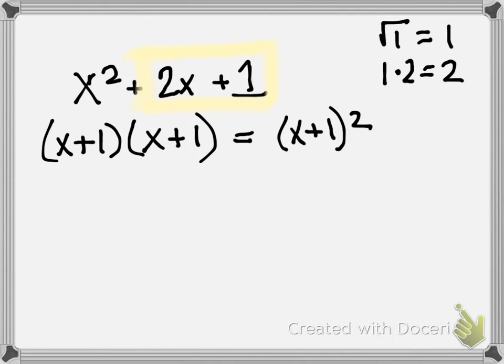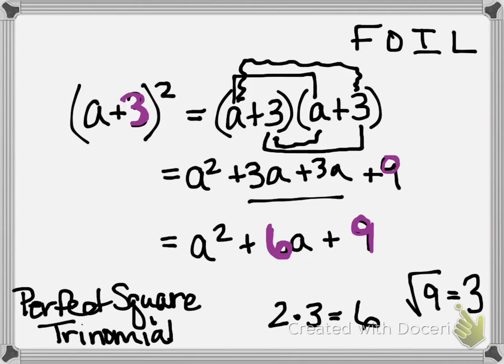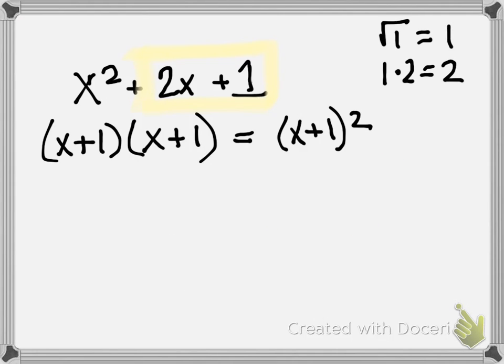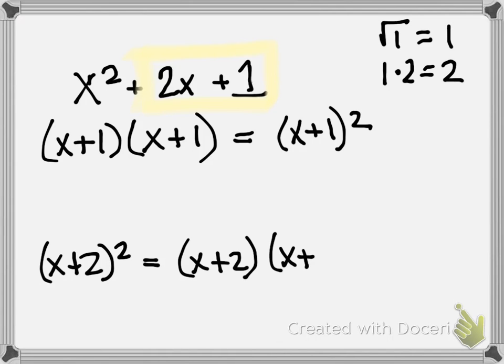So if you go to the next one, which would be 1 squared, 2 squared, so we'll have a 4 at the end. So we start with x plus 2 squared. Well, if we were to expand that out, we would get x squared plus 4x plus 4.